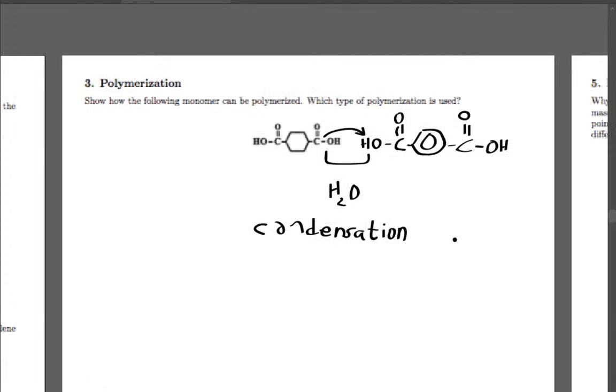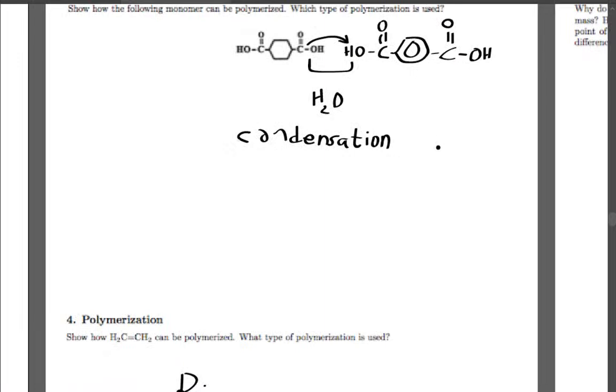Number three, show how the following monomer can be polymerized. Which type of polymerization is used? For this one here, we use condensation, because when you see that the OH and the OH have a pair, they could react to form H2O, and then after that you have this oxygen bridge.